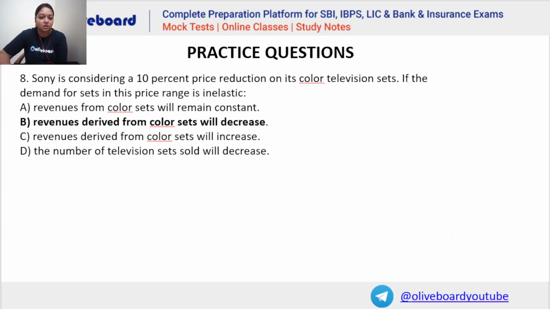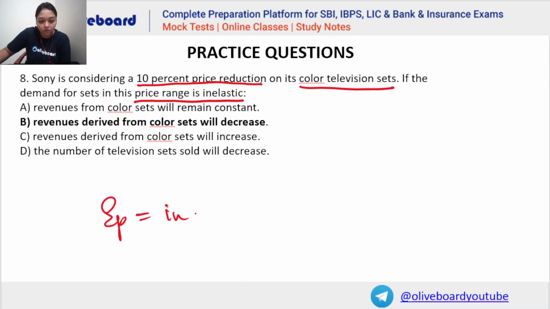Okay. Then the last one: Sony is considering a 10% price reduction on its color television sets. So it wants to reduce the price of its color television sets by 10%. If the demand for sets in this price range is inelastic, see, they are telling you Ep is inelastic.